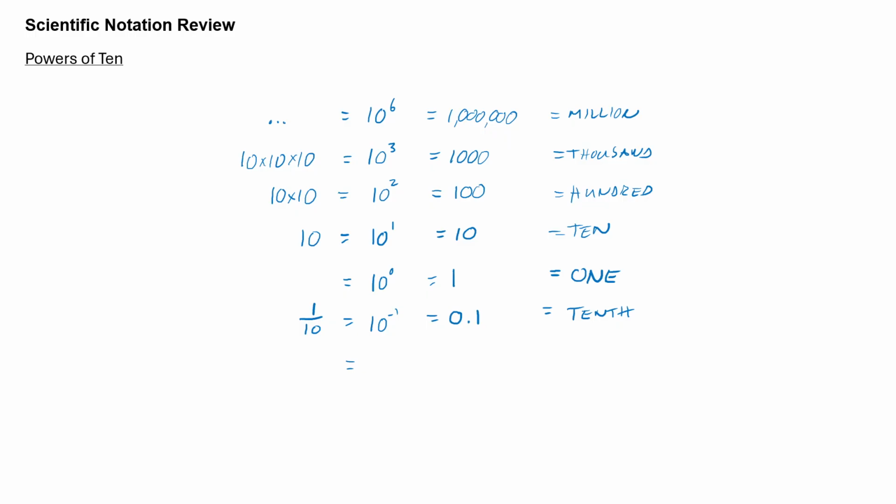So continuing down this pattern, I have 10 to the minus 2. Well, that's going to be 0.01, and that's going to be a hundredth. And that's going to be 1 over 10 times 10. Then the next one down, I would go 10 to the minus 3, and that's going to be 0.001, and that is actually a thousandth.